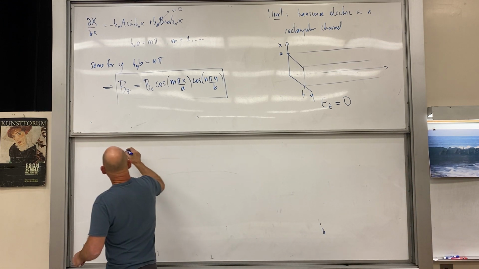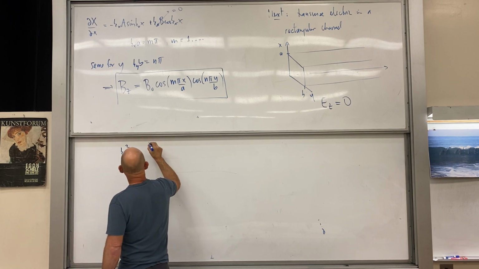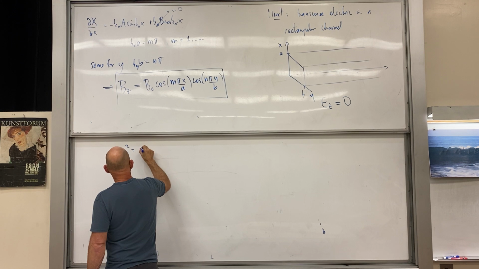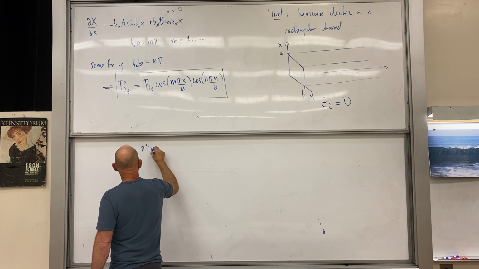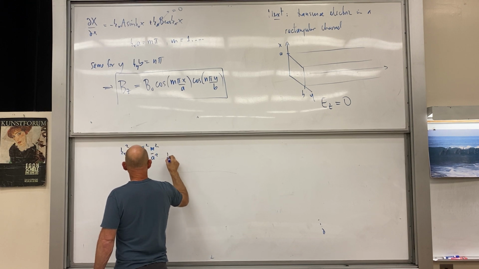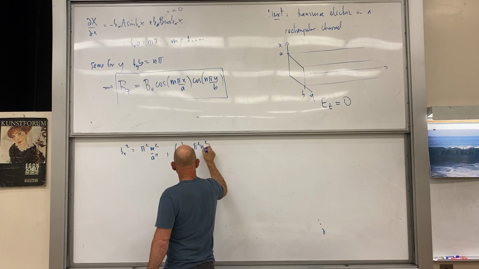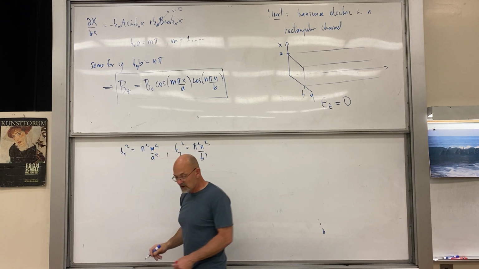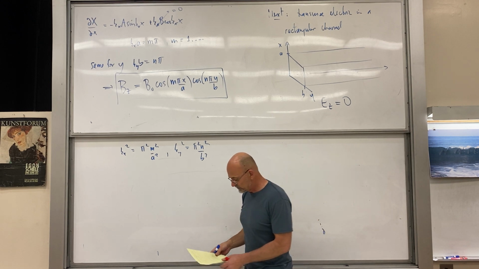So we have our kx squared equals pi squared m squared over a squared, ky squared pi squared n squared over b squared. So we're going to plug that all in and then take a look at what we've obtained here.